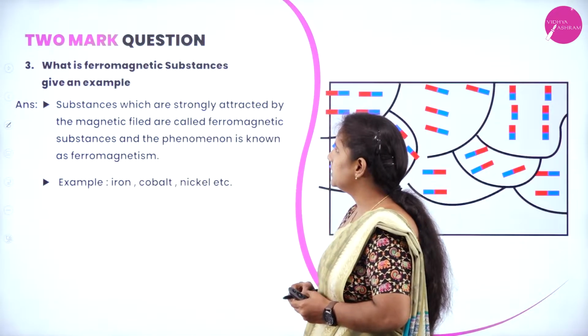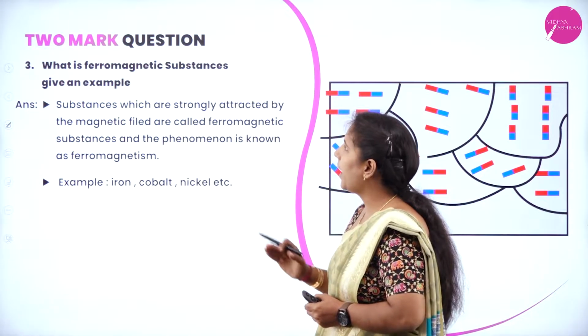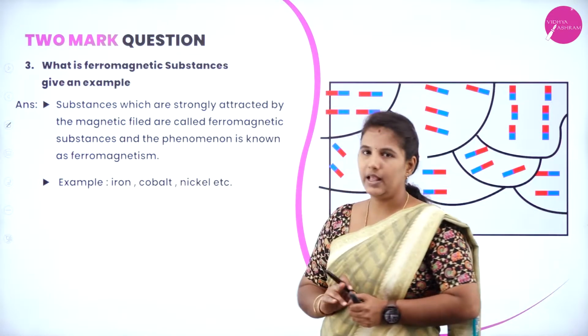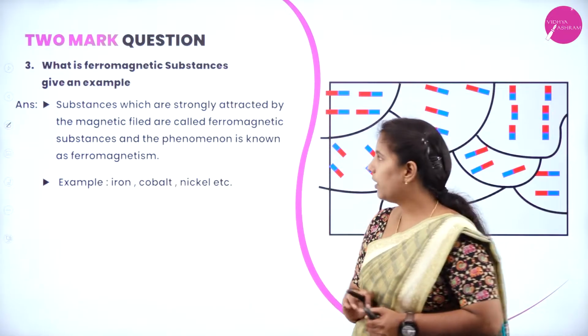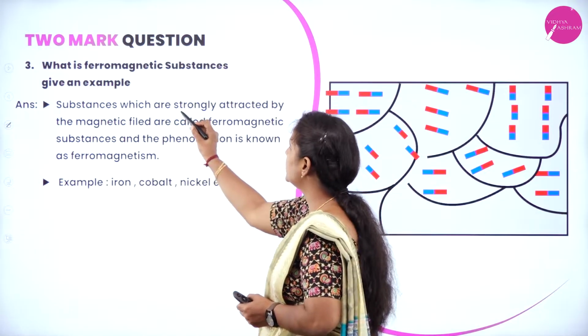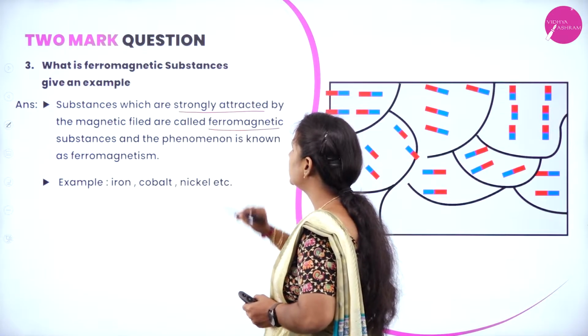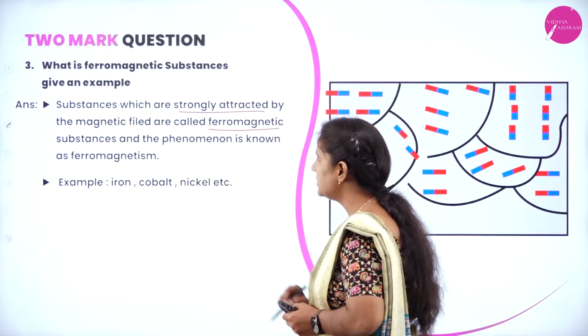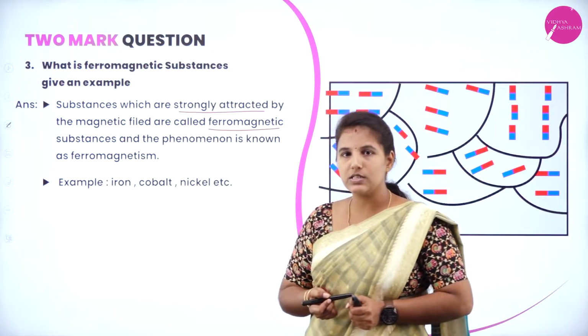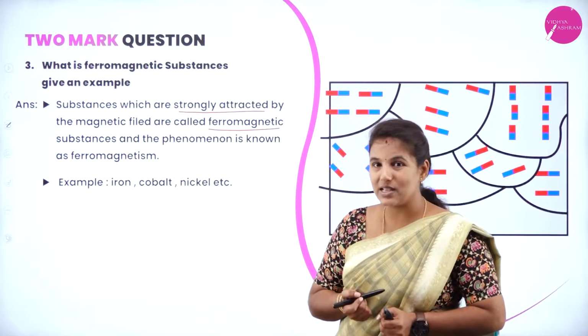Okay. Next is, what are ferromagnetic substances? Give an example. The substances which are strongly attracted by the magnetic field are called ferromagnetic substances, and the phenomenon is known as what? Ferromagnetism.